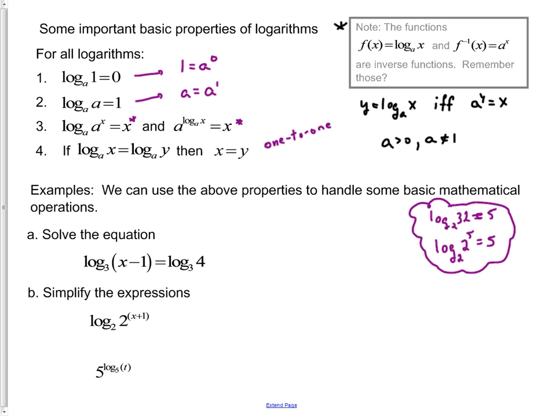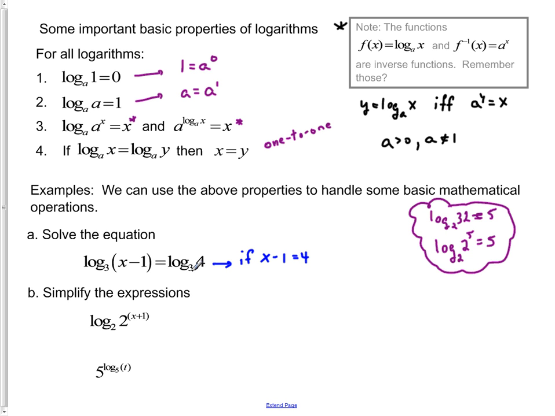Well, how could we use these? Here's an example. Let's say we're told to solve the simple equation, logarithm base 3 of x minus 1 is equal to logarithm base 3 of 4. Well, by that property, this can only be true if and only if x minus 1 is equal to 4. And the reason why?